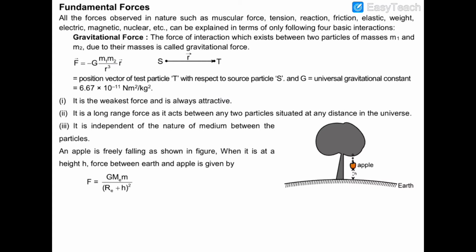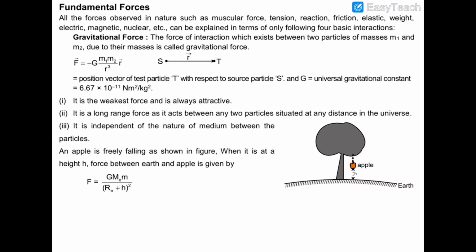So you might have heard in class 10th that the gravitational force acting between any two masses is G m1 m2 upon r square, and this is the vector form which I have mentioned here: G m1 m2 r vector upon r cube. This is the vector form of gravitational force.